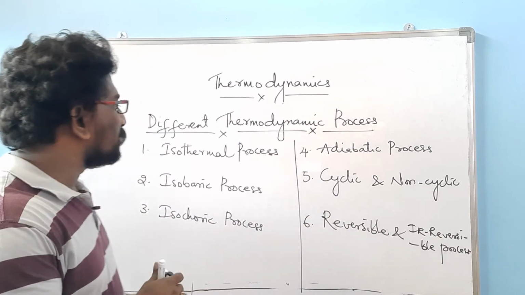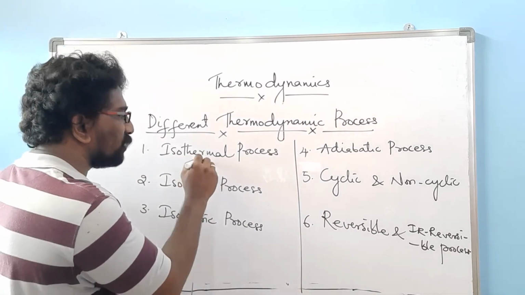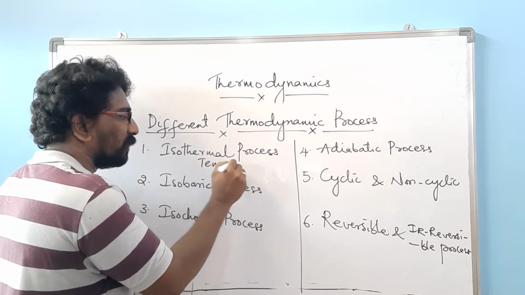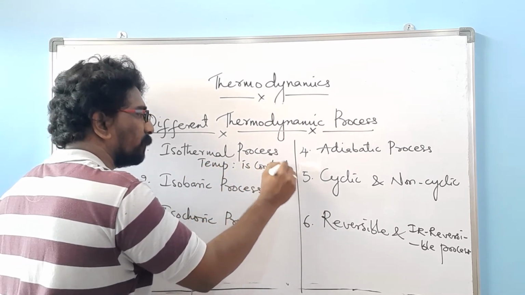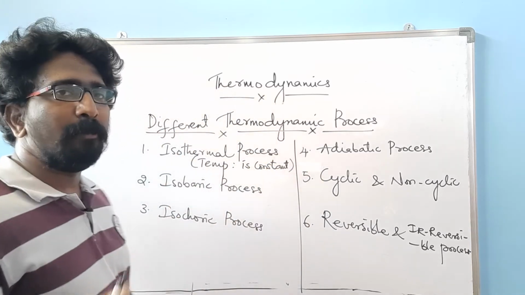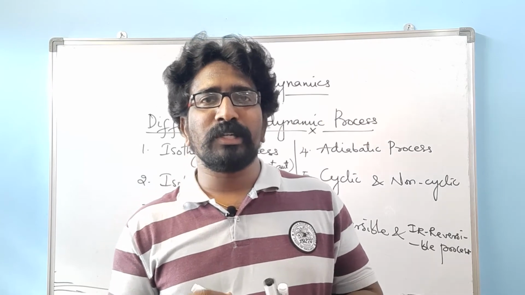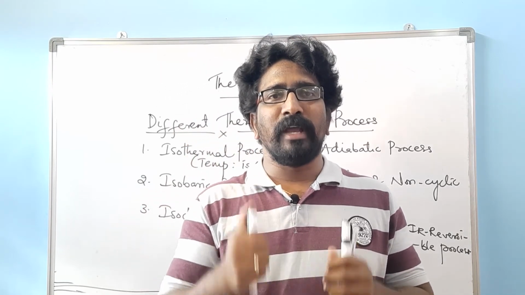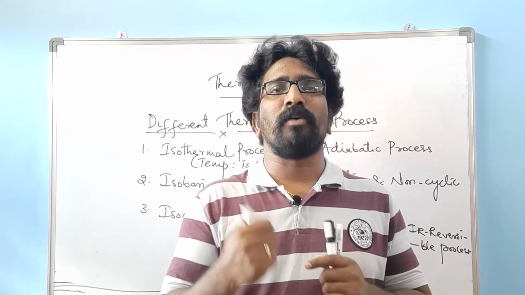In the isothermal process, the temperature is constant. It means what? What is an isothermal process? An isothermal process is a thermodynamic process happening at a constant temperature.